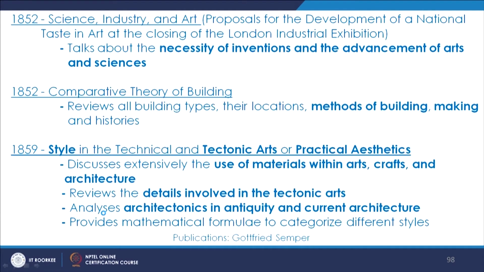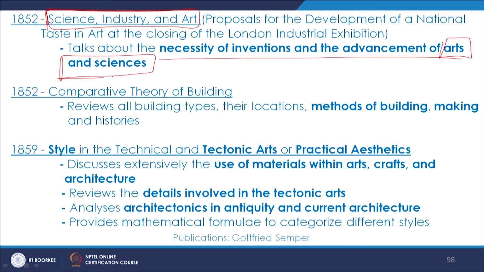Of course, there are also many other works which are very significant when we talk about Semper, and then we see this focus on science, industry and art and amalgamation, and the necessity of inventions and the advancement of arts and sciences. So how there is a profound role of art, craft when we also talk about sciences.